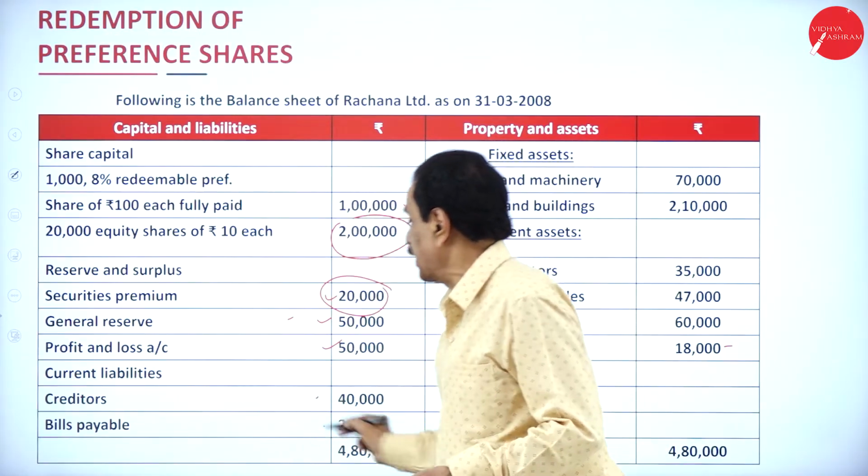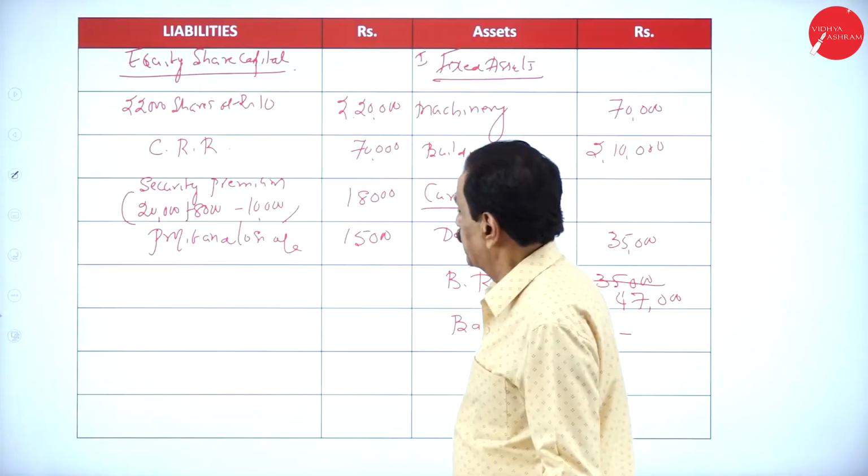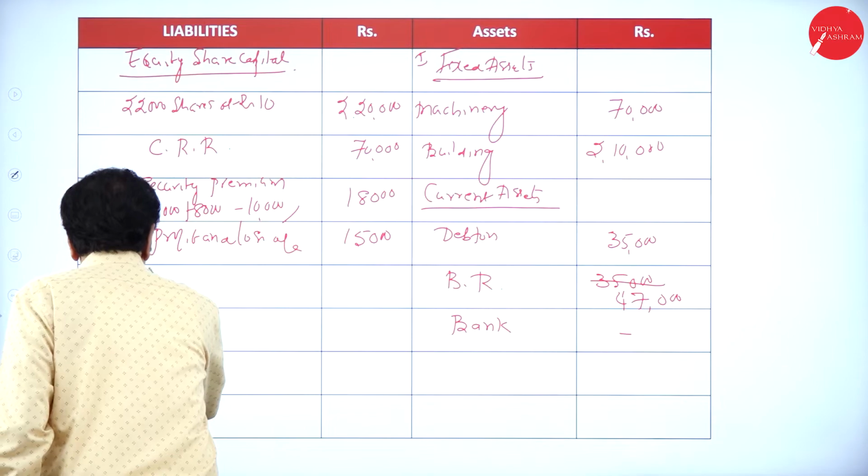Current liabilities: creditors 40,000, BP 20,000.